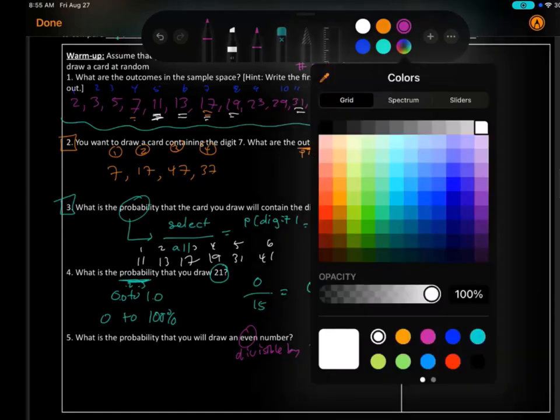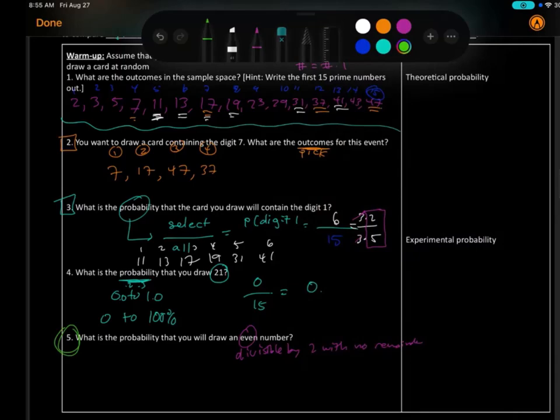Let's pick a different color. So odd, even. So that would still be 1 out of 15 would be your answer for that last question on the warm-up.